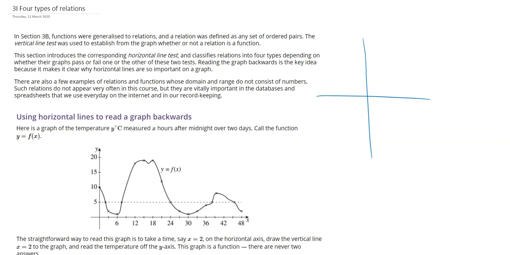We're going to look a little bit further into this now and see the main 4 types of relations, which are one-to-one, many-to-one, one-to-many, and many-to-many. So the first 2, one-to-one and many-to-one, are functions, and any linear equation is going to be a one-to-one.